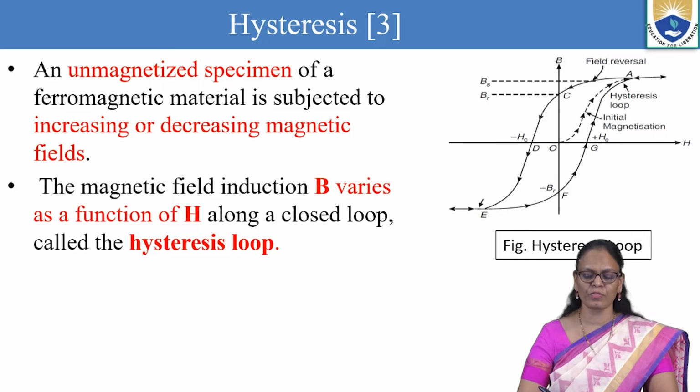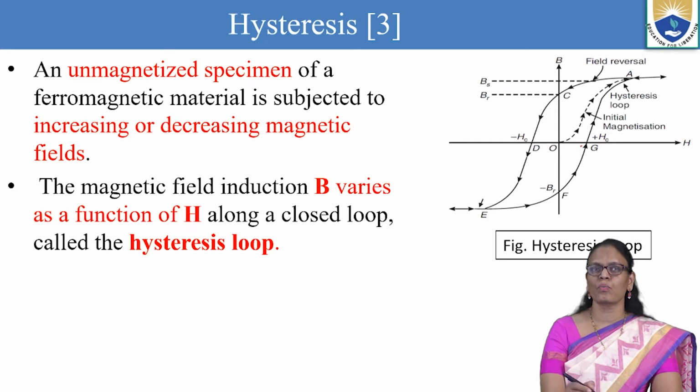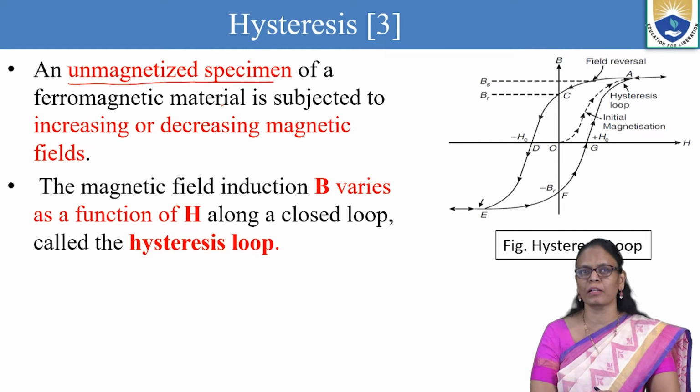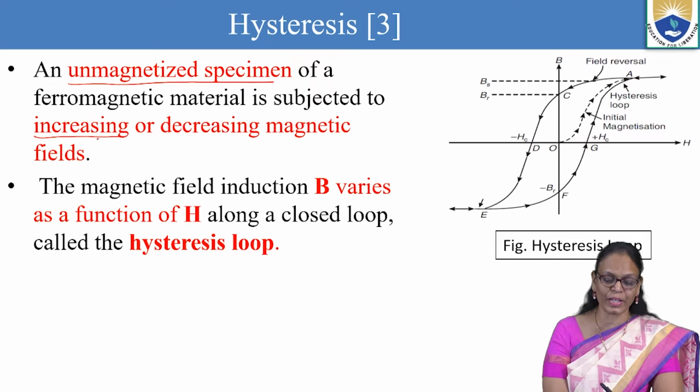Now let us fully understand the entire phenomenon, how hysteresis occurs in this magnetic material. We take an unmagnetized specimen of a ferromagnetic material and subject it to increasing and decreasing magnetic field. First we increase the magnetic field, then we decrease it.